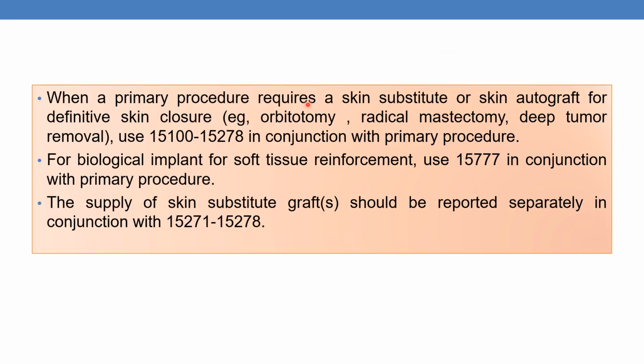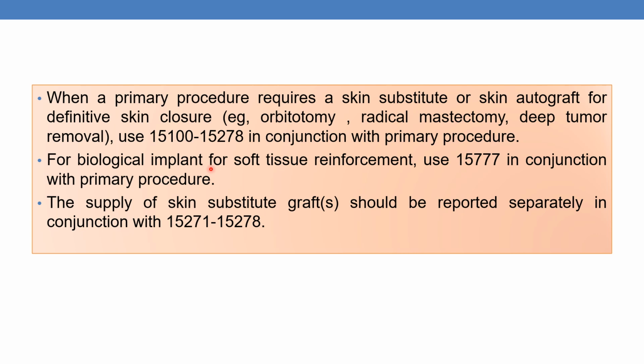When a primary procedure requires a skin substitute or skin autografts for definitive skin closure, for example, orbitotomy, radical mastectomy, deep tumor removal, etc., use the appropriate codes from the series 15100 to 15278 in conjunction with the primary procedure.